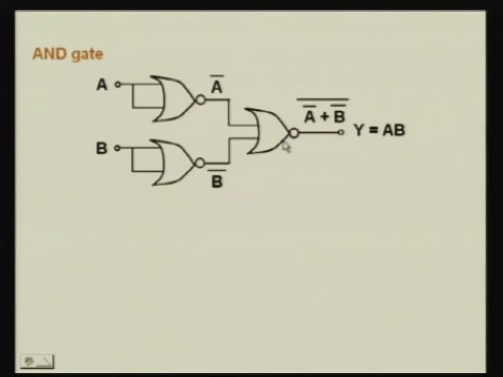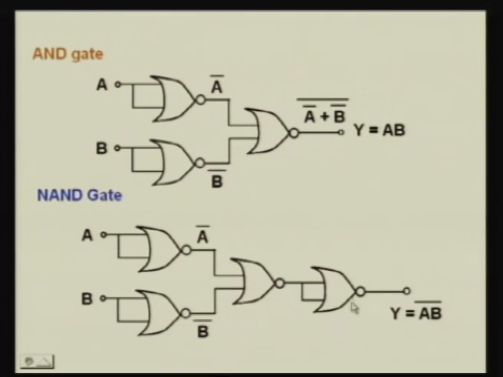Now if we want to use the NOR gate as a NAND gate, what do we have to do? We simply use this output as the input of another NOR gate. We have to use one more NOR gate, and apply this output Y to it as an inverter. Up to here it is similar to the AND gate.